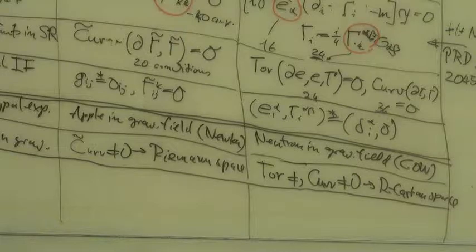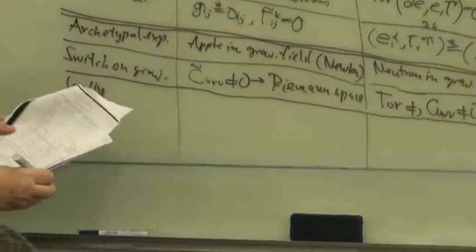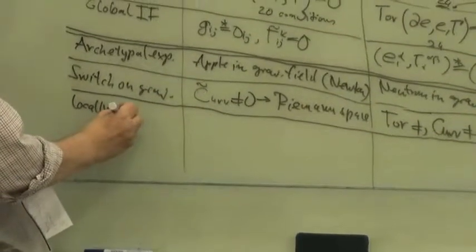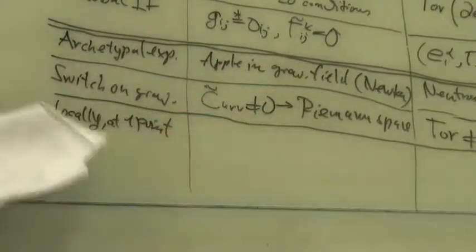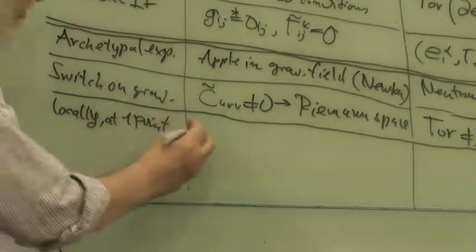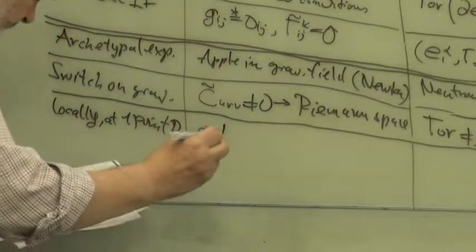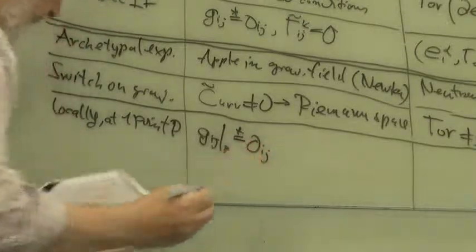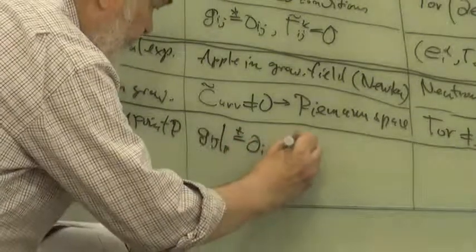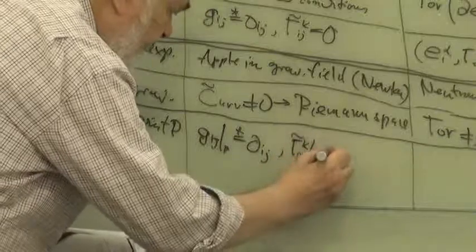Locally, at one point and its surrounding, we can always introduce in a Riemannian space Riemannian normal coordinates, and then the g_ij at this point P is just the Minkowski metric, η_ij, and the Christoffel symbol Γ^i_jk at this point is equal to 0.